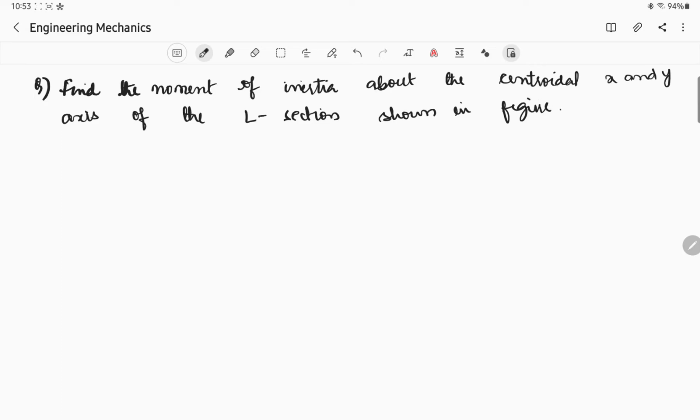Okay, the L section is like this. So this is the question now.